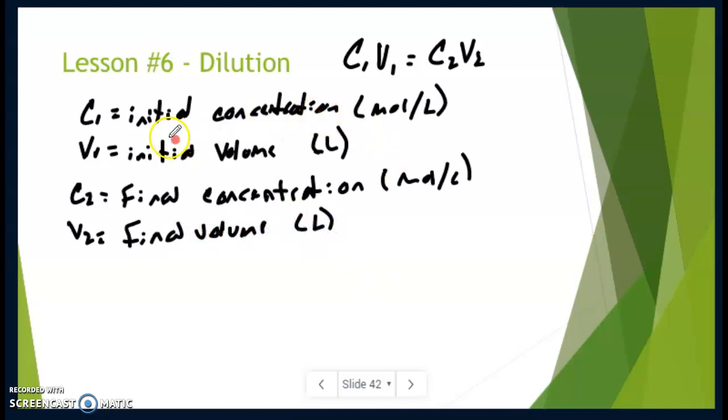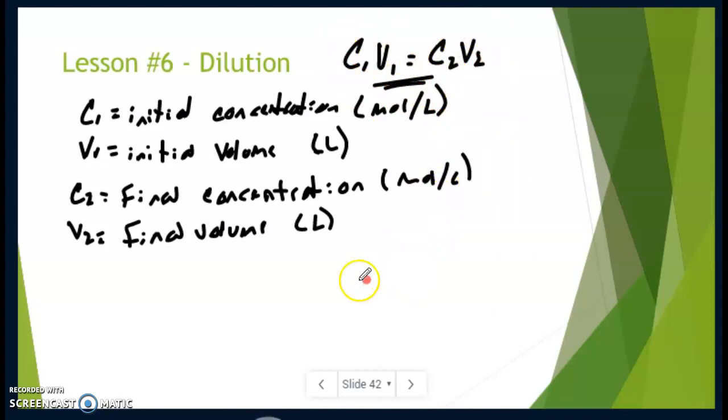So we have C1, V1, C2, V2. The units are the same as what we've done before, moles per liter and liters. And here's our formula right here, very similar to the Boyle's law calculation.